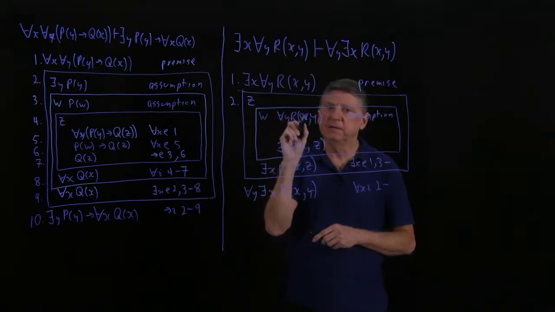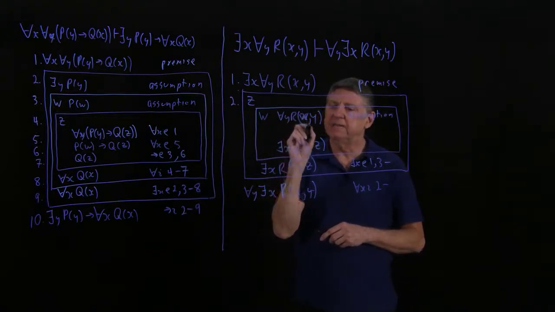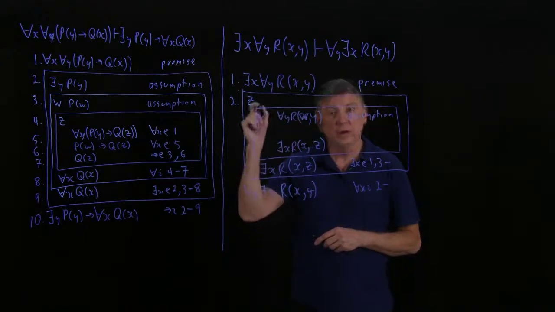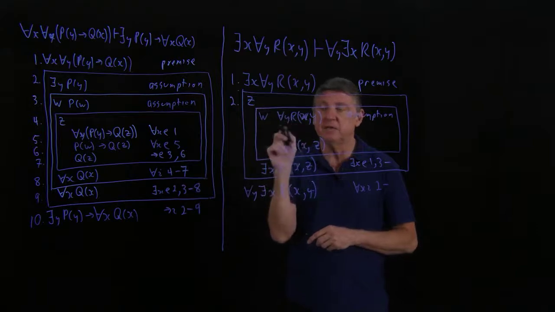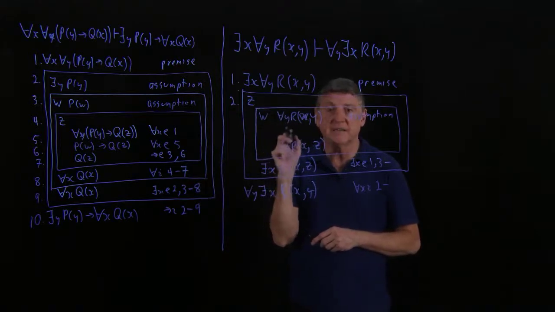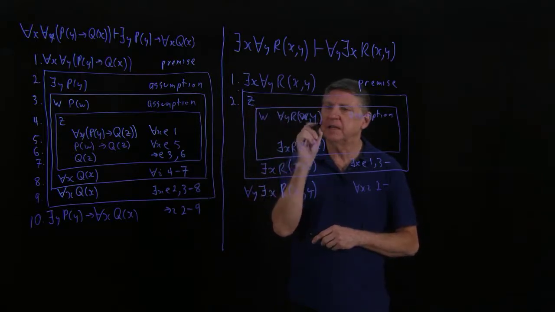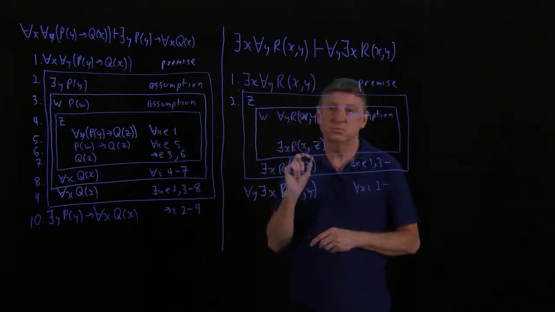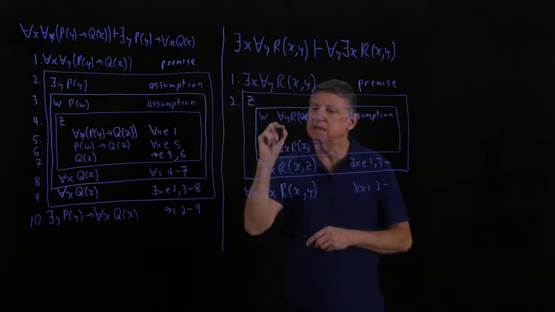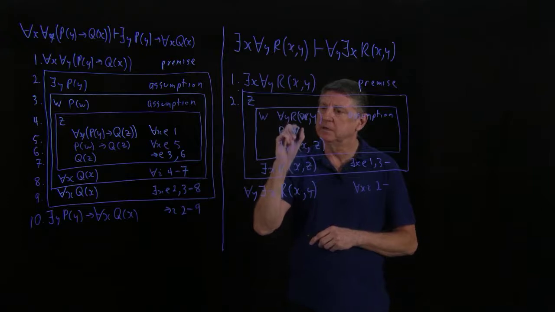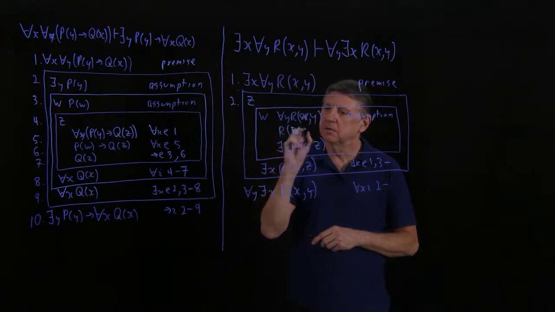Well, what would be really convenient is if I substituted this variable here. Am I allowed to? Well, yes, I can substitute anything at all as long as it doesn't get bound in the process. Could I do z? Does z get bound in that predicate? No, it does not. So I could then say that the relationship holds between w and my z.